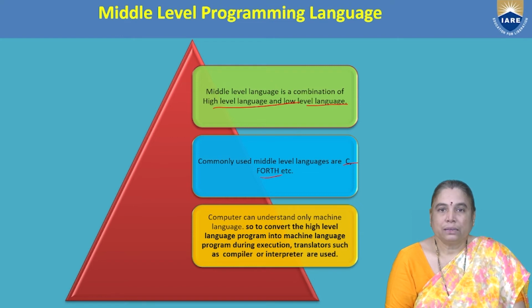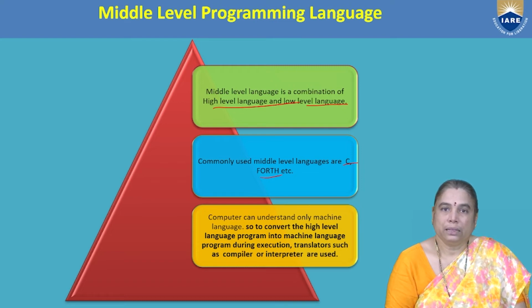By using this, the user can write high level language code and can easily access the hardware by using some features available in the language. So both language features are supported in the middle level language. It is a combination of high level language and low level language.